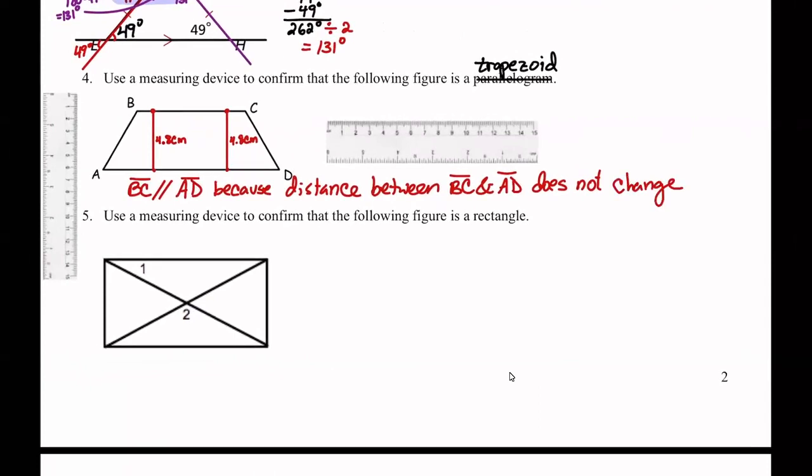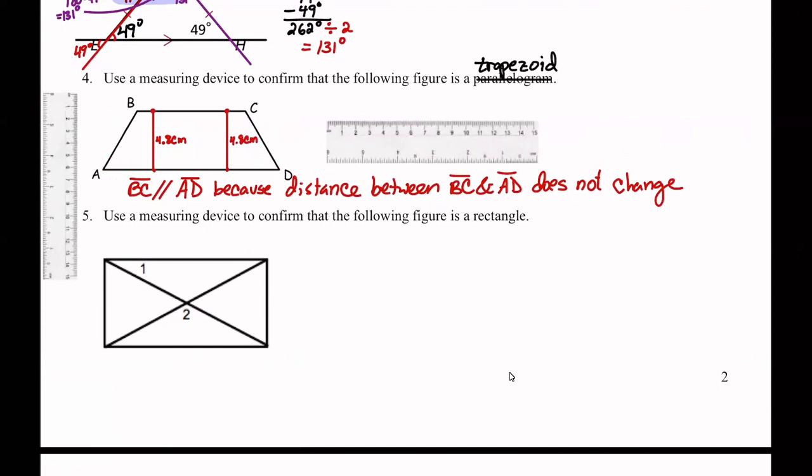The distance between the line segments BC and AD does not change for all relevant points. You know, because there's some points over here that don't matter. Like in this neck of the woods, we don't care about it because BC is already ended.